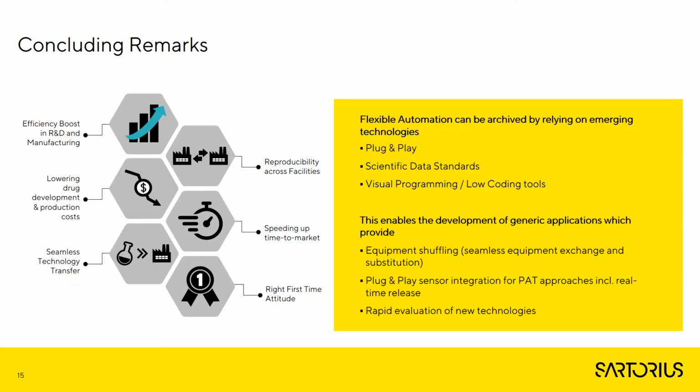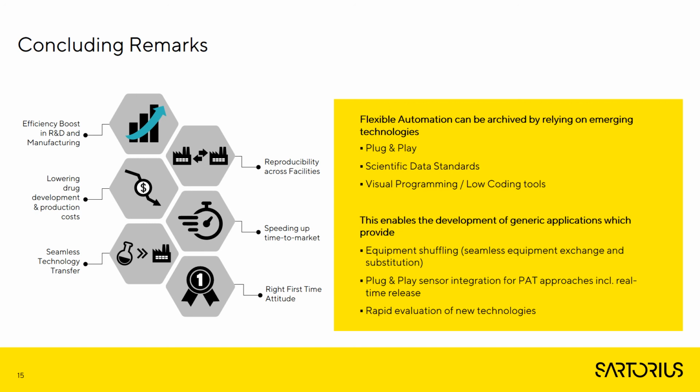Concludingly, it can be said that all stated biopharma demands can be tackled by introducing flexible automation. Flexible automation can be achieved by relying on emerging technologies, which include the introduced plug-and-play capabilities, scientific data standards, as well as visual programming and low-coding tools.